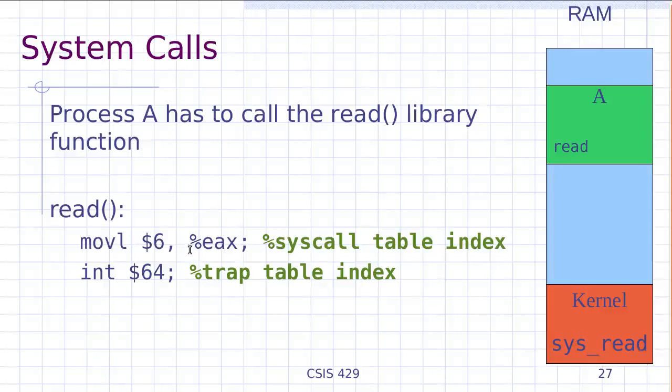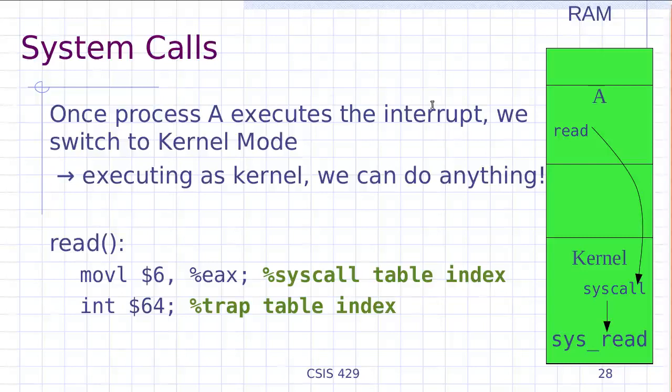So you store something in a register and then say, okay, I give up control over this program. Operating system, go ahead and interpret the system call and execute the code over here.